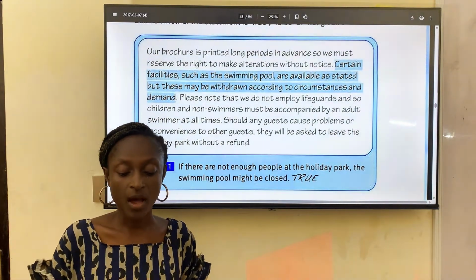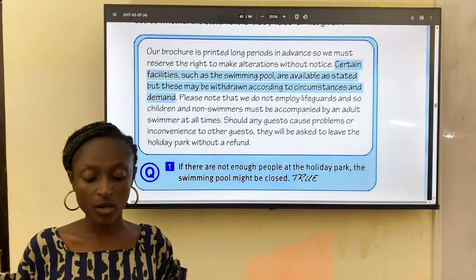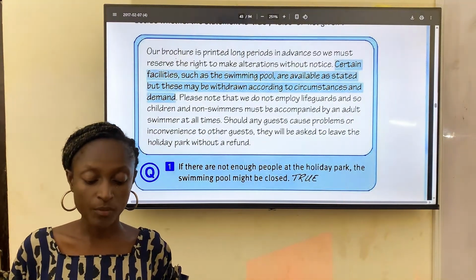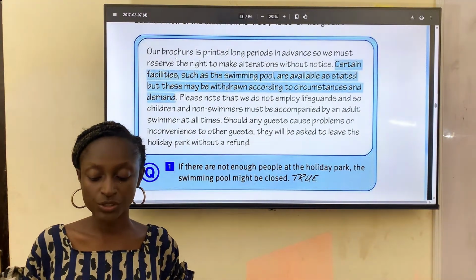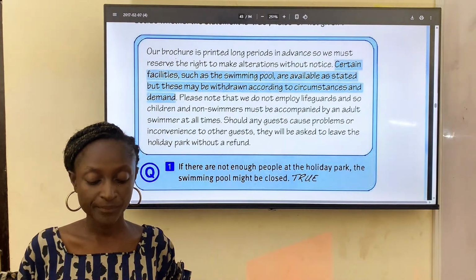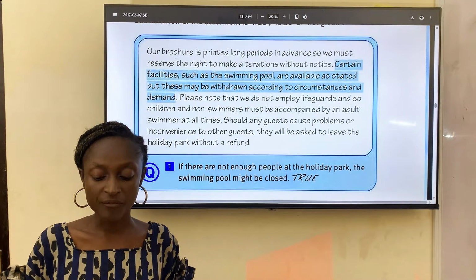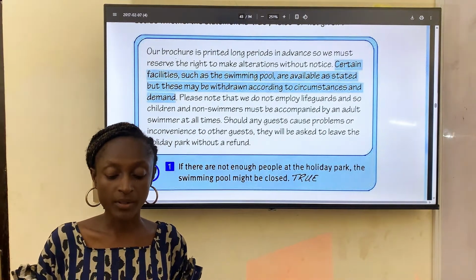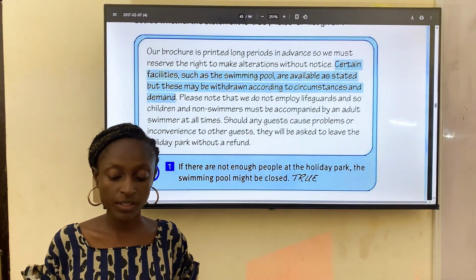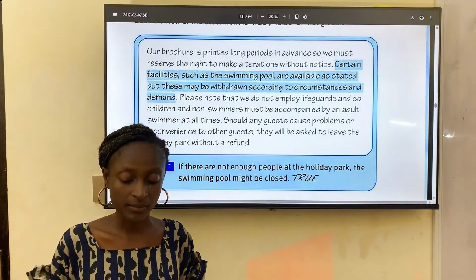Our brochure is printed long periods in advance, so we must reserve the right to make alterations without notice. Certain facilities, such as the swimming pool, are available as stated, but these may be withdrawn according to circumstances and demand.